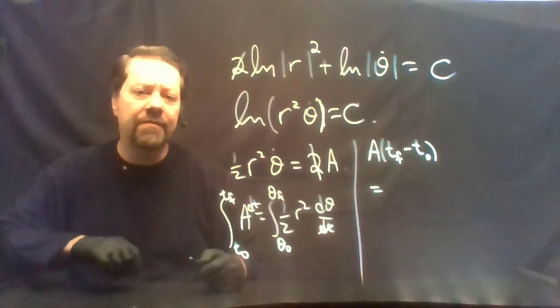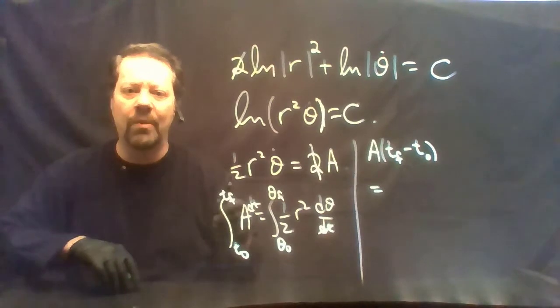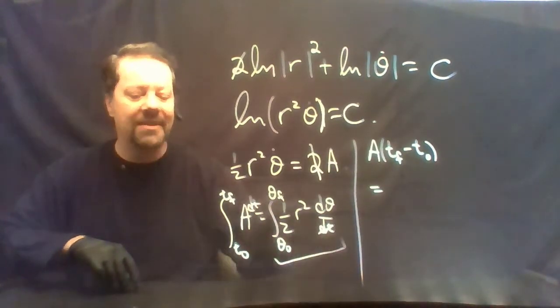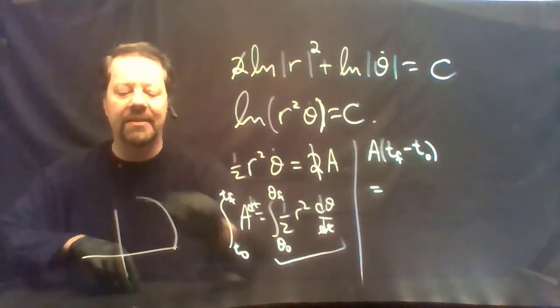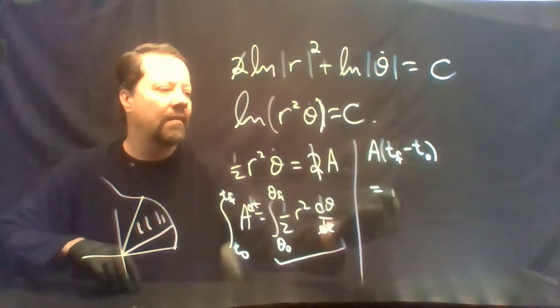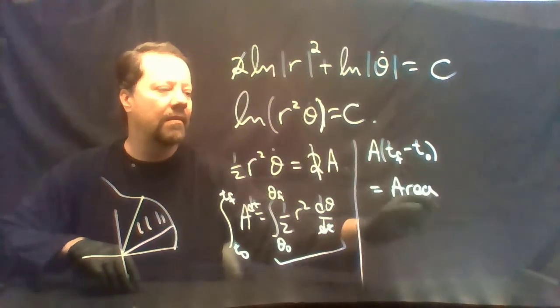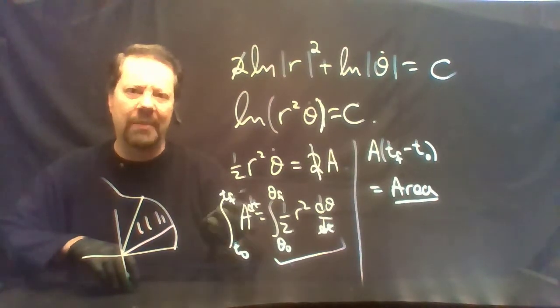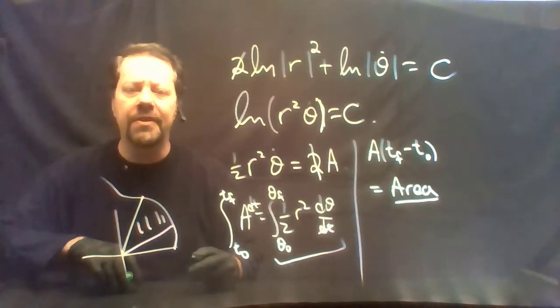The very first formula that I wrote down on the board in this lecture was that this represents the area being swept out by some curve. So this is the area of the region swept out by a planet moving under Newton's inverse square law.